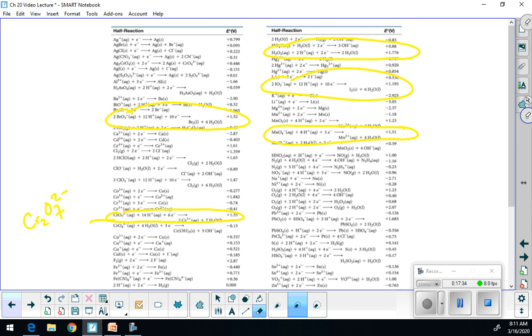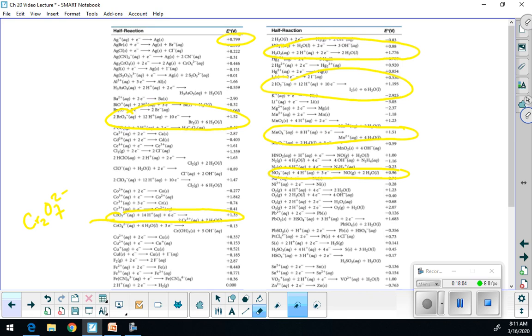Cr2O7 2 minus. What's my Ag plus? My standard reduction potential for silver is positive 0.799. That's my Ag plus. And then my nitrate, NO3 minus, is 0.96.